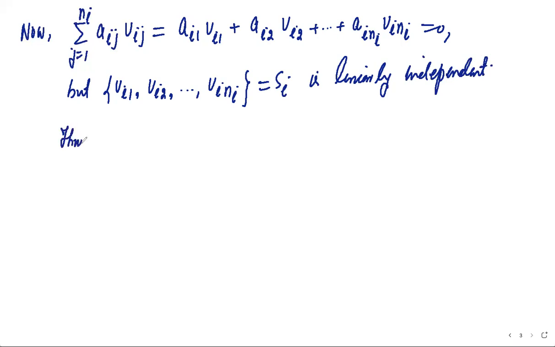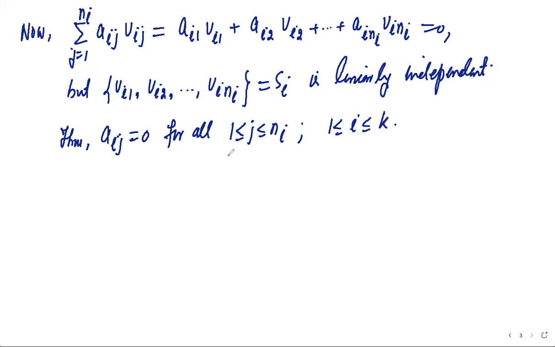So thus, from this equation, ai1 is 0, ai2 is 0, and aini is 0. And similarly, when we give different values to i and different values to j, we get aij is equal to 0 for every i, j. So aij is equal to 0 for all 1 less than or equal to j less than or equal to ni, and in fact for 1 less than or equal to i less than or equal to k.